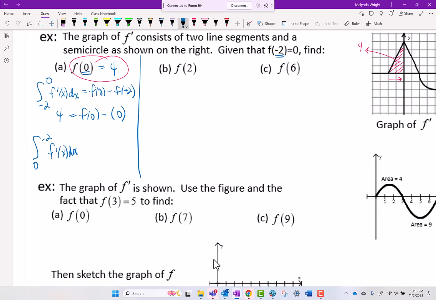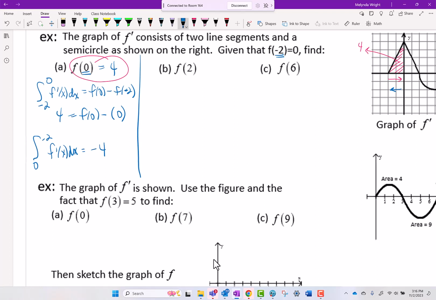If I'm going this way, from 0 to -2 and integrating backwards, then the area is opposite of what it looks like. This area has a positive sign because it's above the x-axis. But if I'm going backwards, it's going to be opposite, and it's going to be a -4.